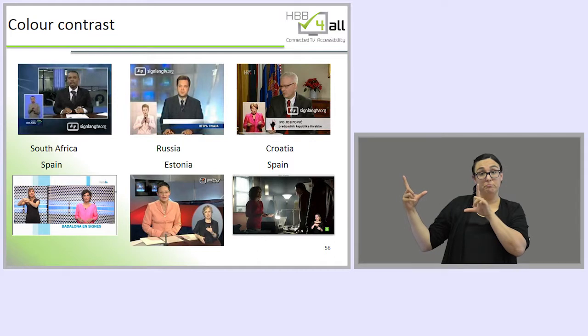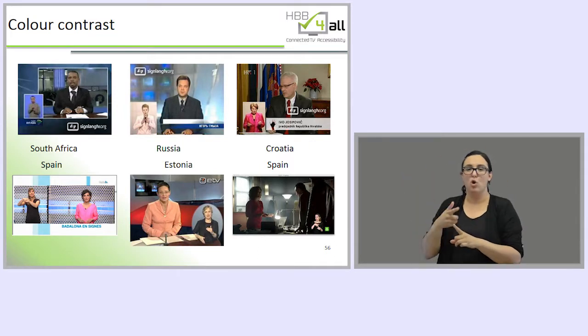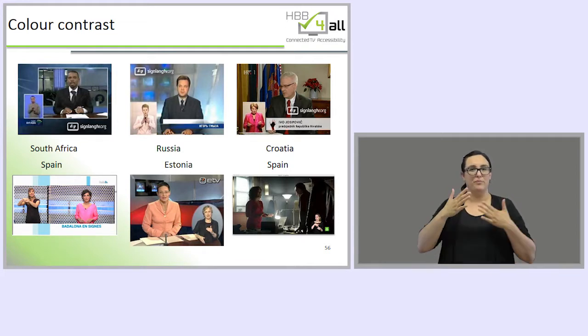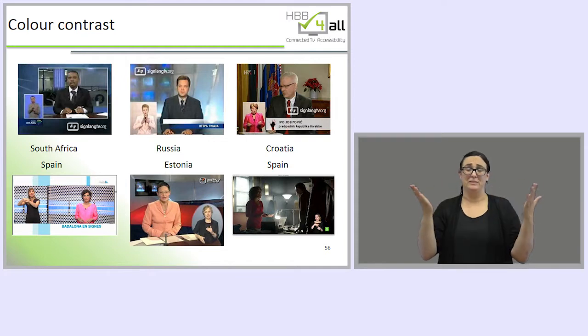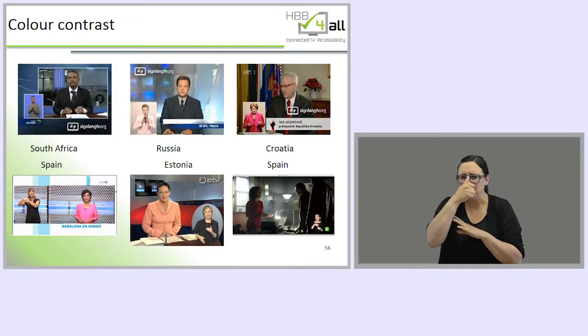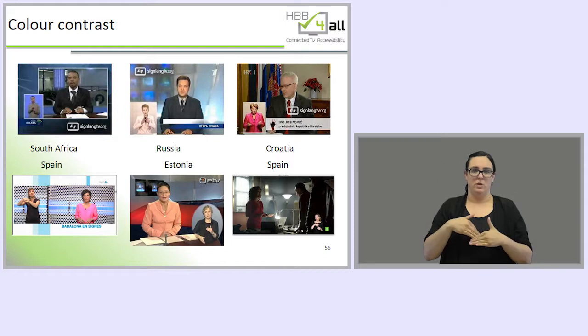So in this slide, you can see many different examples of color combination. If we have a look at the South African screenshot, we can see that the clothes color does not contrast at all with the skin color of the signer. So it is very difficult to see or differentiate the hand shapes and the facial expression.